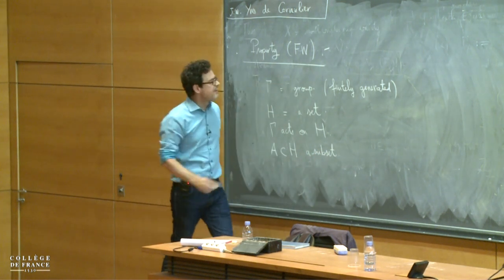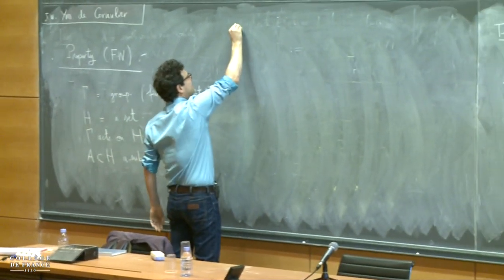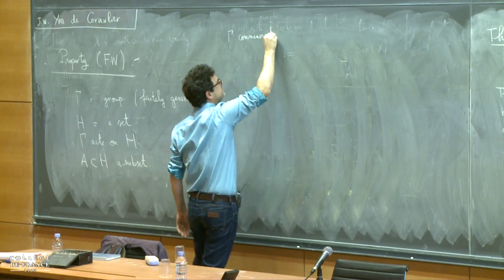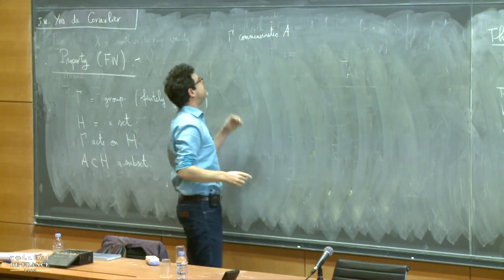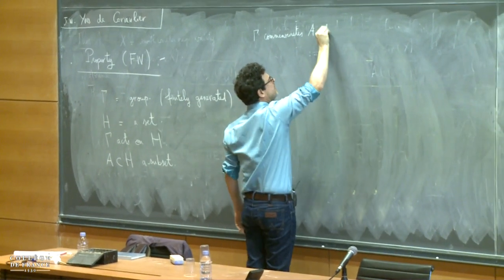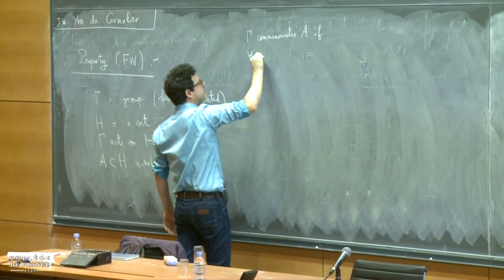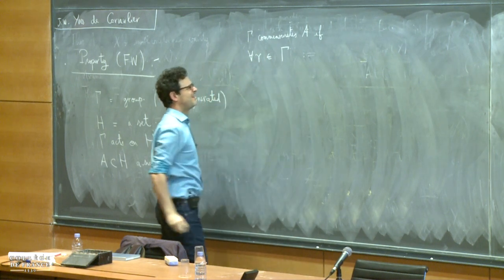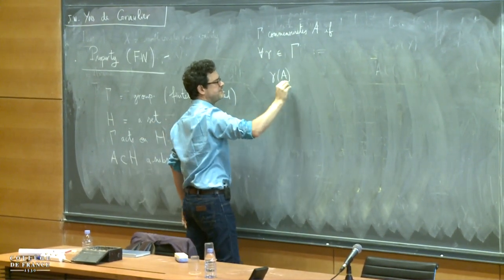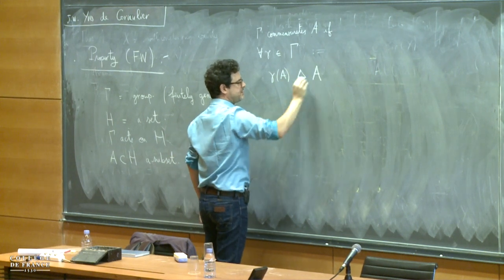Then you say that gamma commensurates A, or more precisely, the action of gamma on H commensurates A, if for every element in your group, when you look at what happens to A when you apply gamma, you compute the symmetric difference.